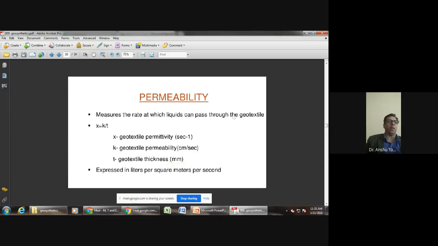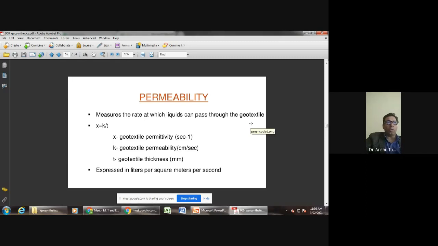Permeability measures the rate at which liquids can pass through the geotextile. Wherever we need to have permeability through the geotextile layer, there the coefficient of permeability, which you find out in the laboratories, structural laboratory of the civil engineering department or at the project site, कि कितना permeability हमें allow करना है और कितना permeability ये geotextile इस वक्त हमें दे रहा है. अगर आपकी permeability ज्यादा आ रही है as per required conditions, then either you have to customize the geotextile or you have to replace the geotextile completely.